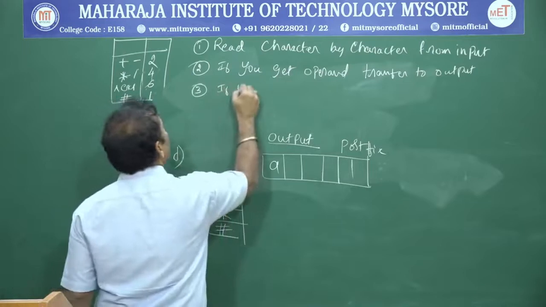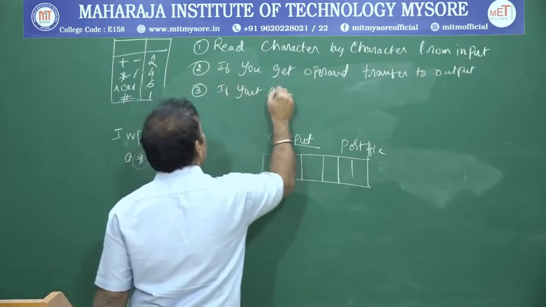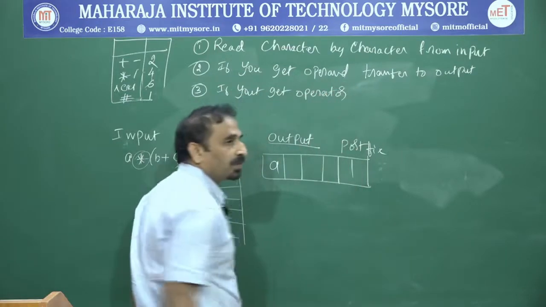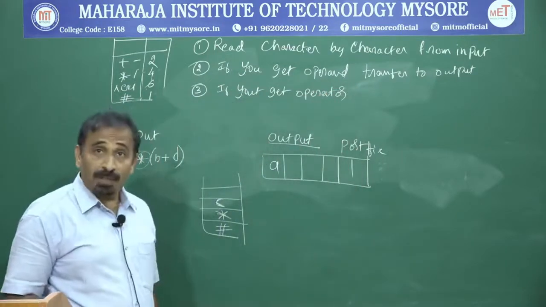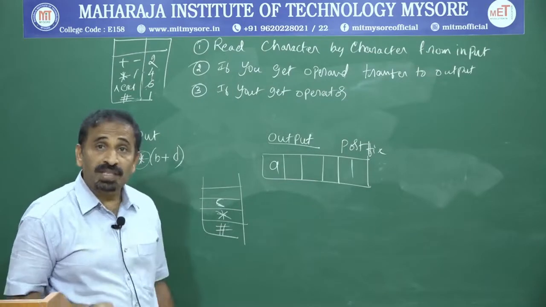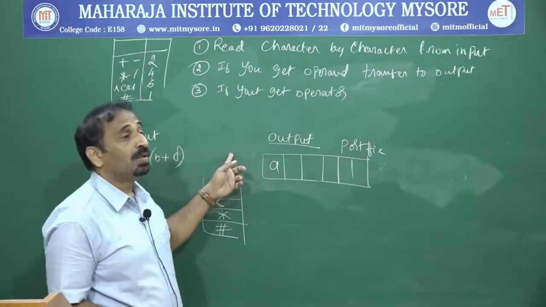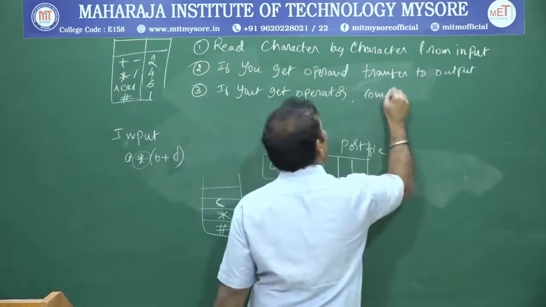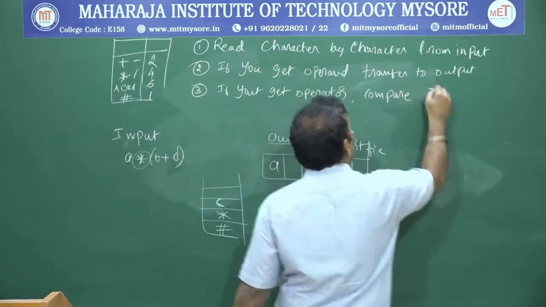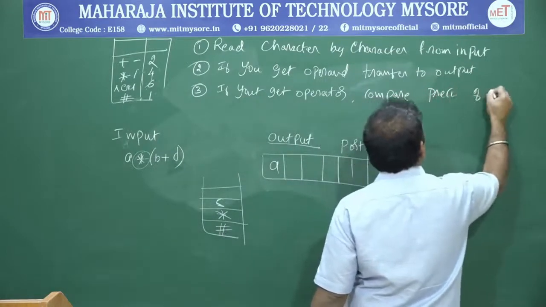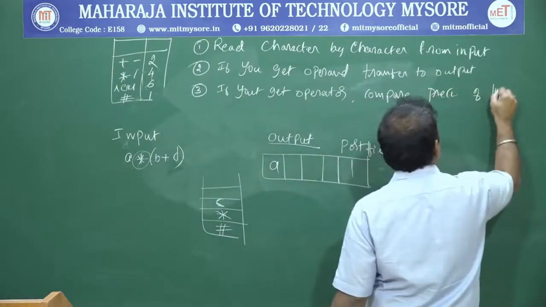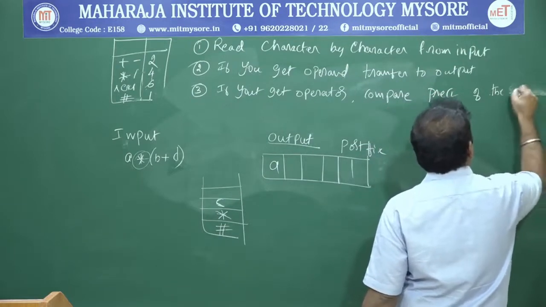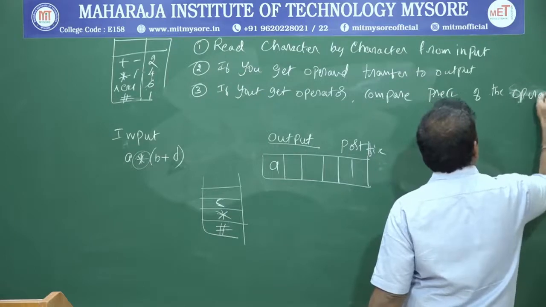If you get operator, then what you are supposed to do: compare the precedence of the symbol, and instead of that I can call it an operator.